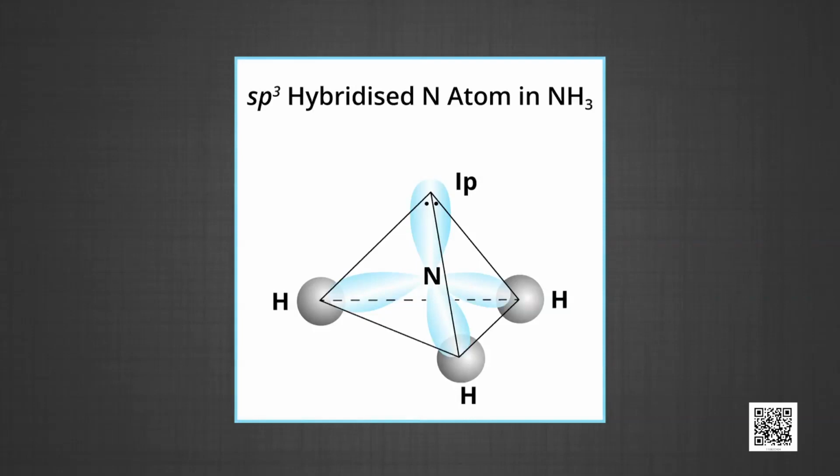These 3 hybrid orbitals overlap with the 1s orbital of the hydrogen atom to form 3 N-H sigma bonds. Here in the figure you can see.